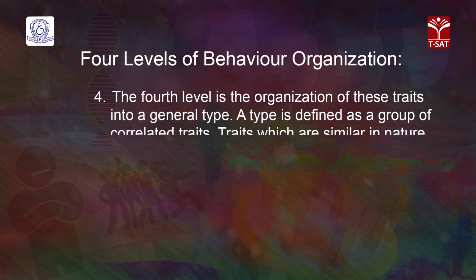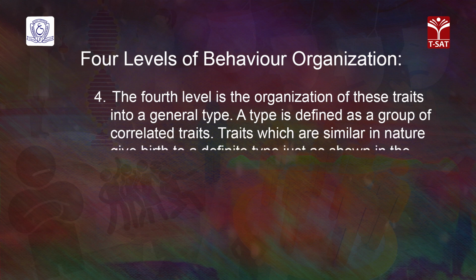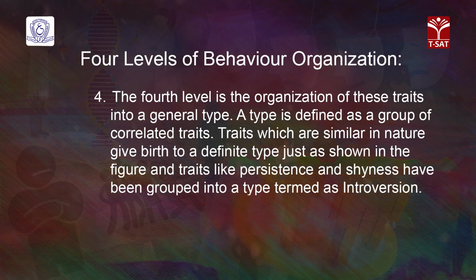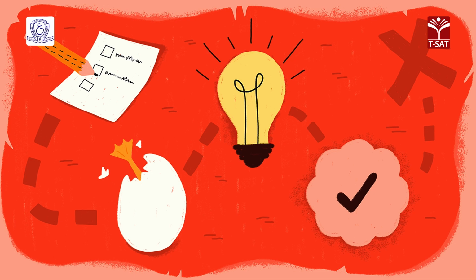A type is defined as a group of correlated traits. Traits which are similar in nature give birth to a definite type, just as shown in the figure, and traits like persistence and shyness have been grouped into a type termed as introversion. An ultimate distinct type is obtained at this final stage.